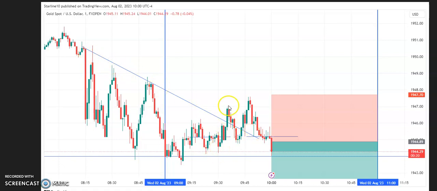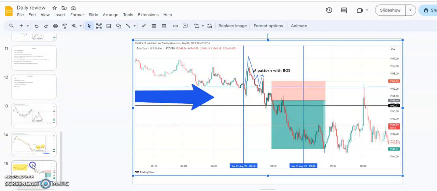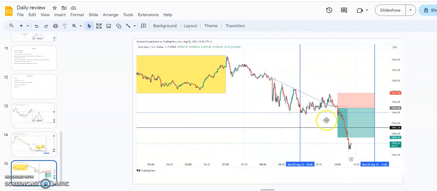Price comes back to this region, gives us an M pattern but fails to give us an engulfment. The next thing we have again, it's a nice head and shoulders pattern, but it broke structure again with the retest and the engulfment for the entry. Beautiful setup, and as you can see, it was quick and easy, no heat.